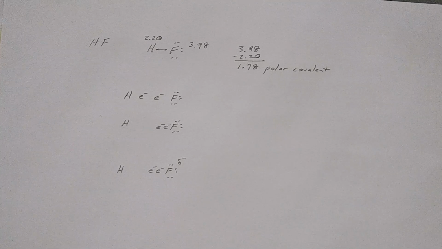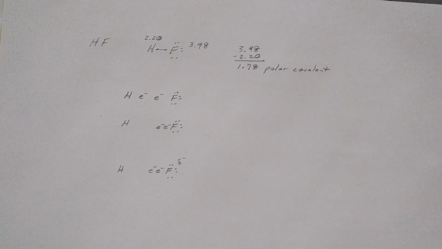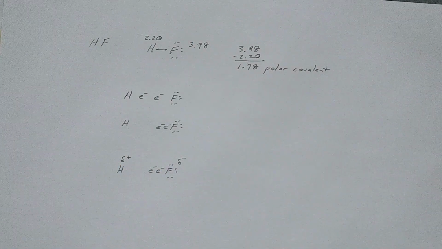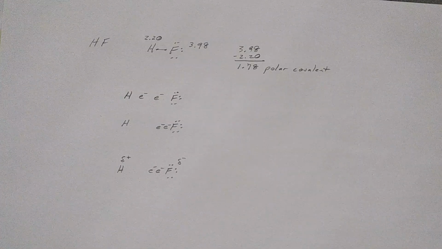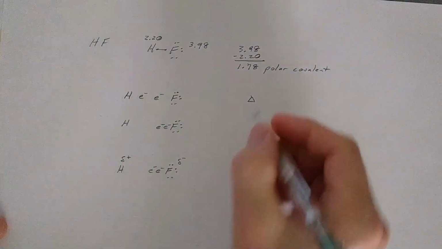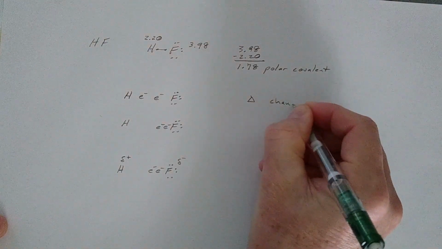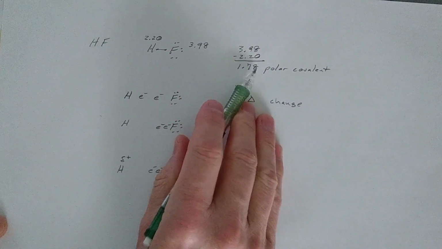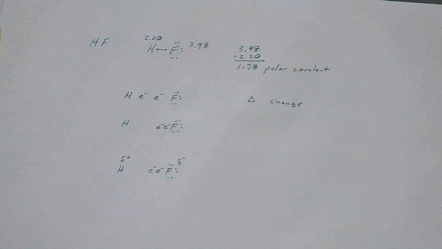If we have formation of a partial negative charge, we should also have formation of an equal but opposite partial positive charge. And we will indicate this as a delta plus. Now, you may have seen in previous studies, when we looked at delta electronegativity, that the upper delta means change. So we can think of the difference in electronegativity as being a change of the electronic state of the species in the molecule.